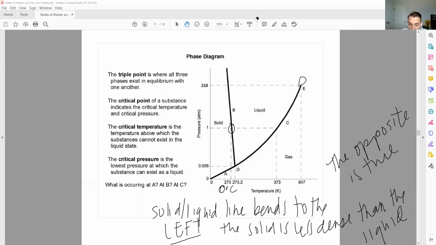Which we know 0 degrees Celsius, 1 atmosphere is the freezing point of water. 373 is 100 degrees Celsius, 1 atmosphere. That's when it's going from a liquid to a gas. That's the boiling point. Okay, so this is water. This is the phase diagram for H2O. And another reason why we know that ice is less dense than water is that the line bends to the left.